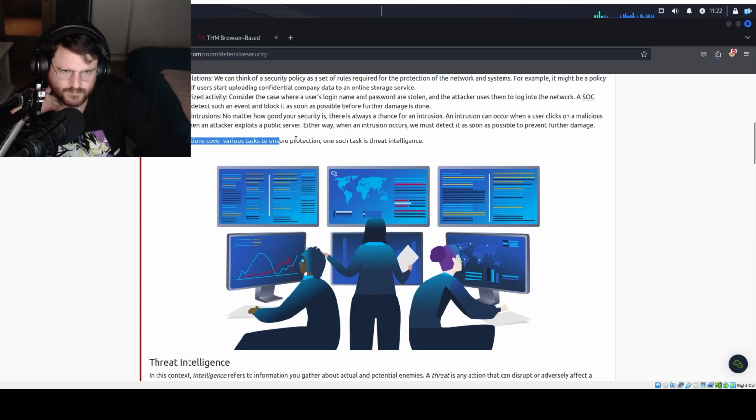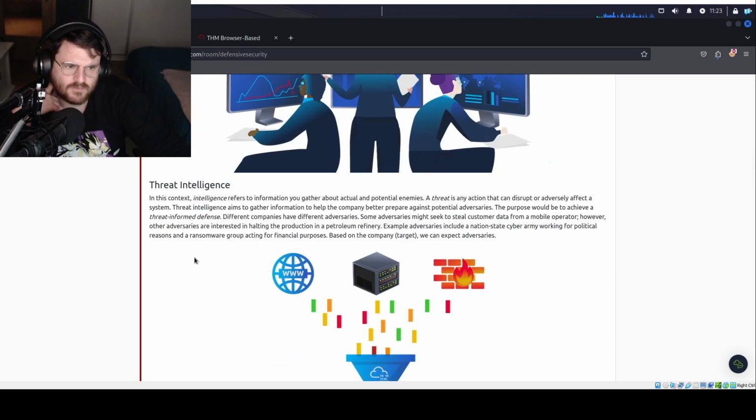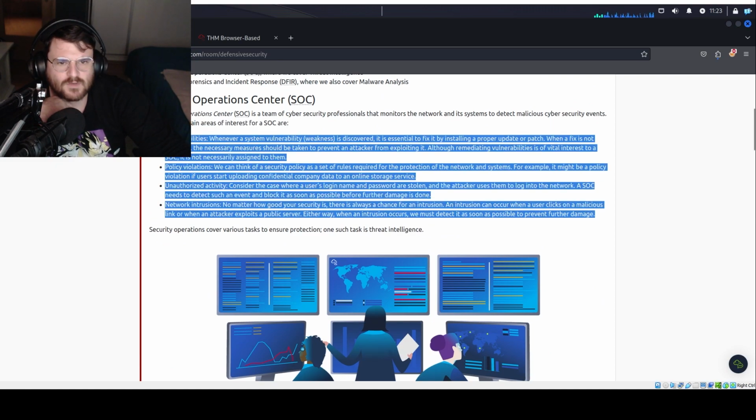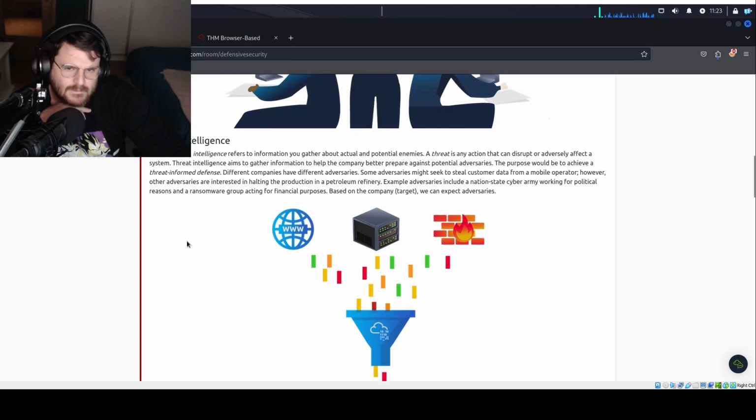Also, threat intelligence, the protection that security operations centers employ in order to defend from various weaknesses.